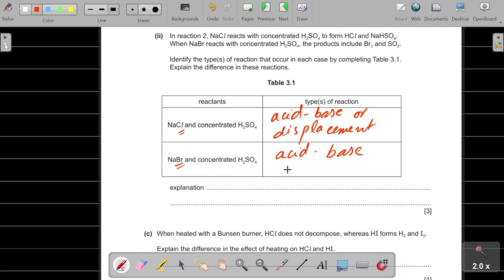Even you can say it is a type of redox reaction. What's the reason? Because this ion is a stronger reducing agent as compared to this.